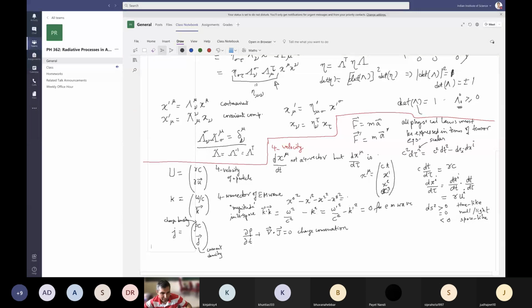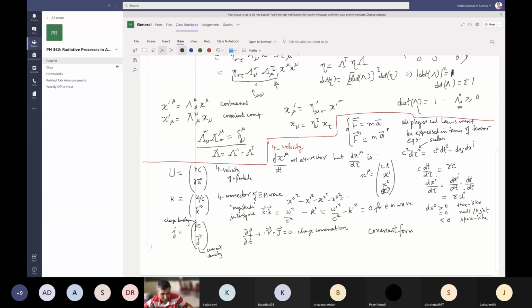Can we write this equation in terms of 4 vector equations? In fact, that's what we want. If we want our equations to be consistent physically, then we should be able to write them in what is called a covariant form. A covariant form is written as a vector equation or a tensor equation or a scalar equation. Can we write this in a covariant form?